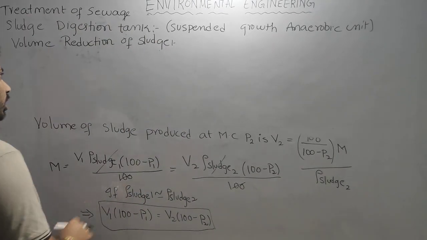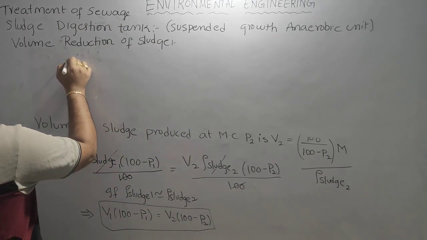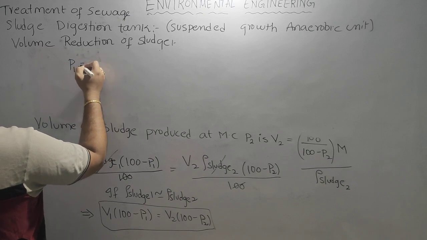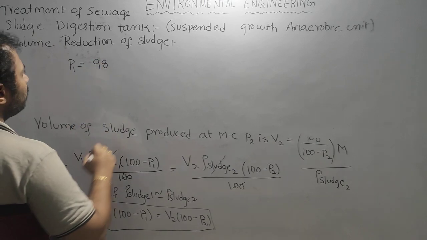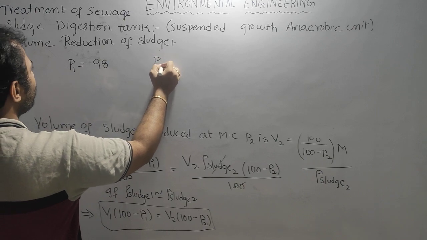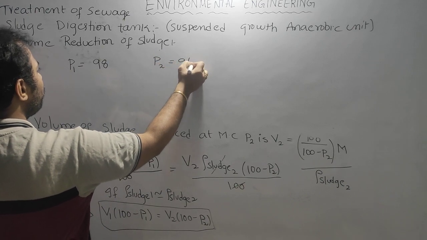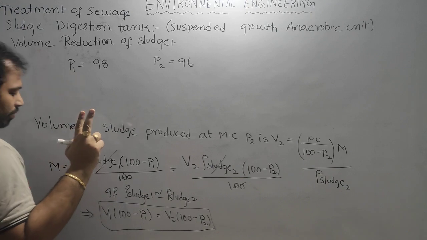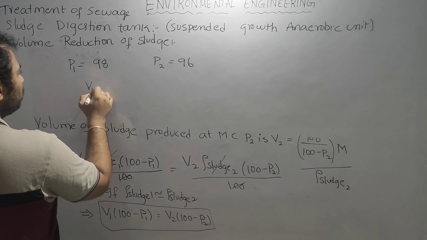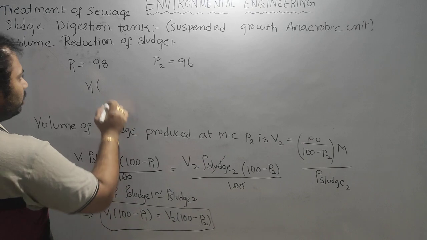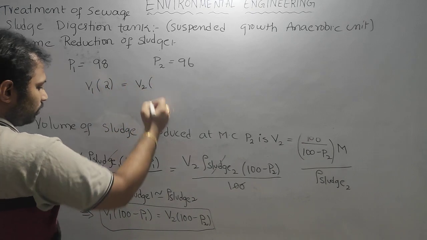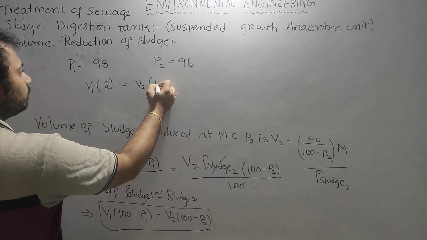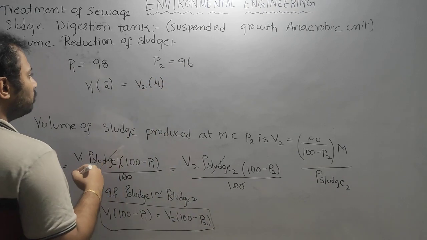Let us assume the moisture content is 98%. I have reduced it to a moisture content of 96%, so I have reduced it by 2%. So V1 into (100 minus P1), that is 2, is equal to V2 into (100 minus P2), that is 100 minus 96, which is 4.